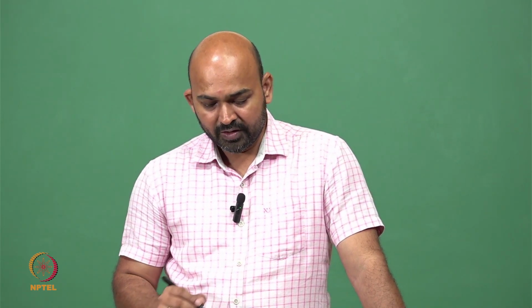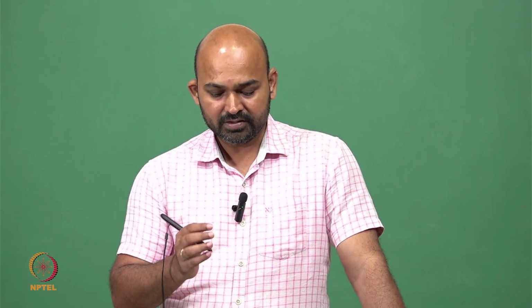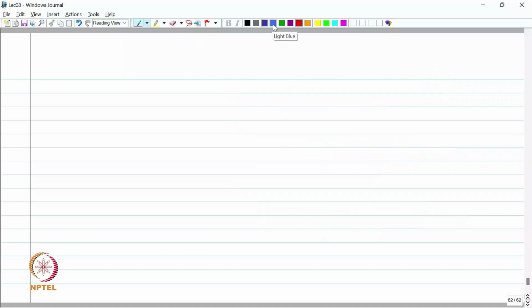So this is a good way of splitting these two waves from a single wave. So coming back to the MZI sensor, we can see a particular case where we can use this MZI sensor for temperature measurement.